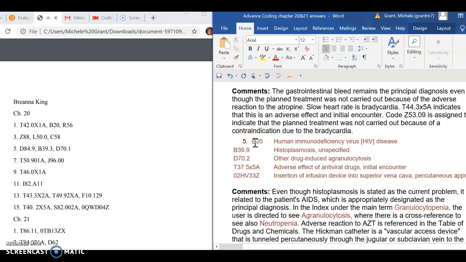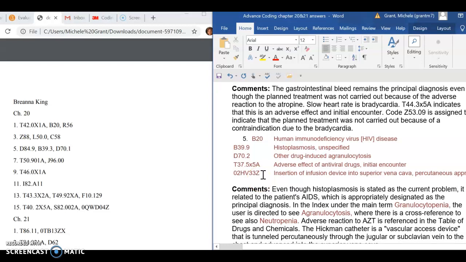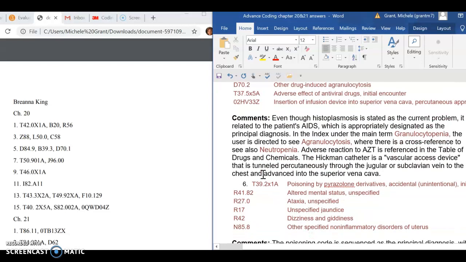Now, if the patient came in with a fracture and that's not related to AIDS, then your fracture code is going to be first. So these two kind of relate to each other. The other thing here, we have the D70 code. We also should have a T code and an insertion of an infusion device. So really look these over, look them up in your coding book. Let me know if you have any questions on that.